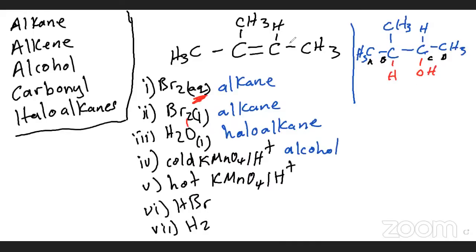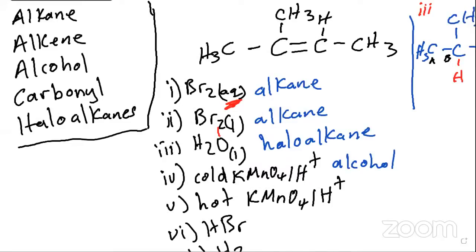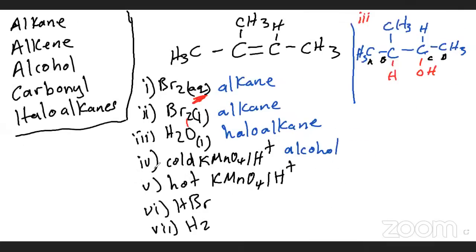That was for number 3. How about number 4 now? What am I going to add? You're adding another OH, so both OH, that is correct. So when you use cold potassium permanganate, you get a diol.